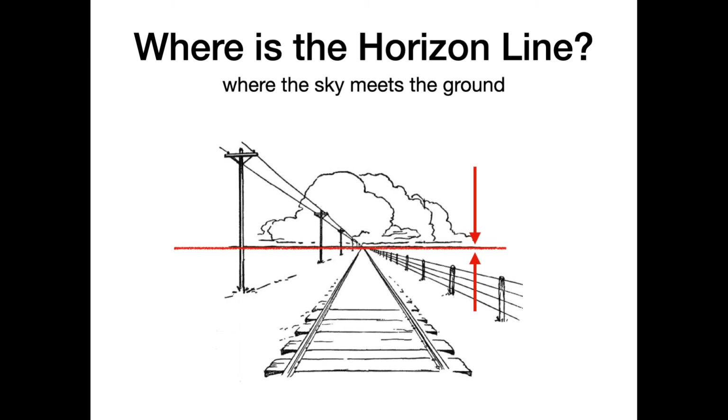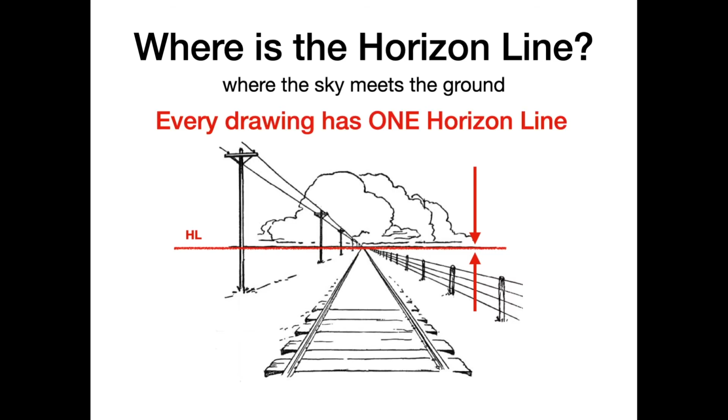Or if trees or mountains are in the way, it is still there. Even if you are looking up at the sky and you can't see it, it is always there. Most importantly, every drawing has one and only one horizon line. Even if it's off the page, even if you can't see it, it still exists.